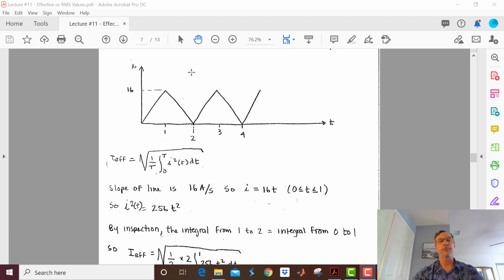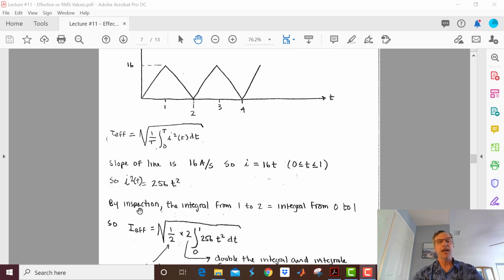The period of the waveform is just how long it goes before it repeats. And in this case, the period is going to be 2 seconds, right? Because after I get to 2 here, I do the same thing I did back here. So it's a 2-second period. But from time 0 to 1, it's 16t, and I squared is equal to 256t squared.